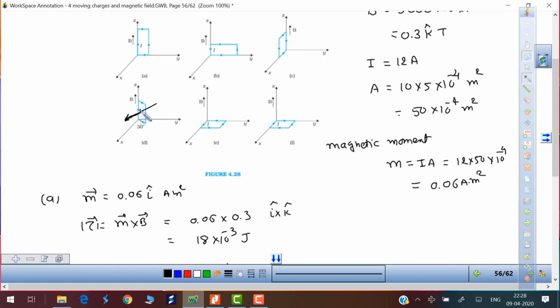And this is the direction of torque. So magnitude is same, but the torque makes an angle of 60 degree with the x-axis.